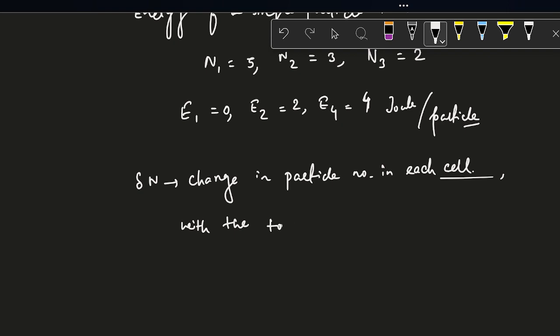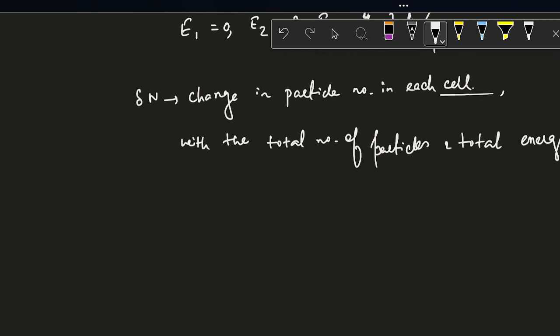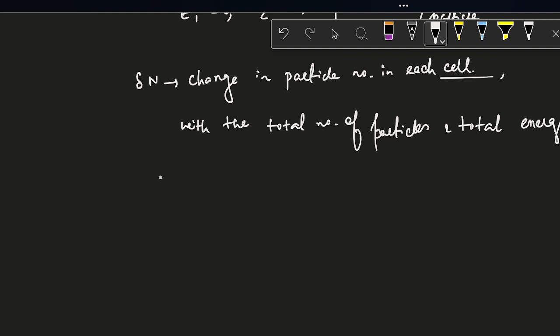Okay, so with the total number of particles and total energy remaining constant, with that condition given, you have been told that delta n3 equals -2. So what are the values of delta n1 and delta n2?